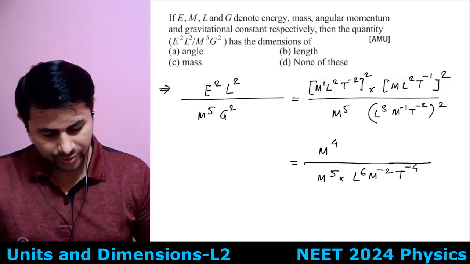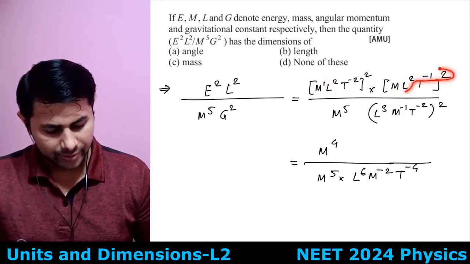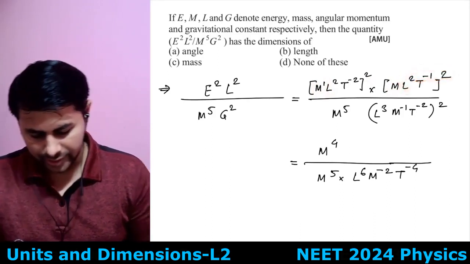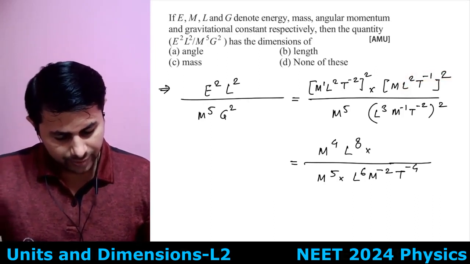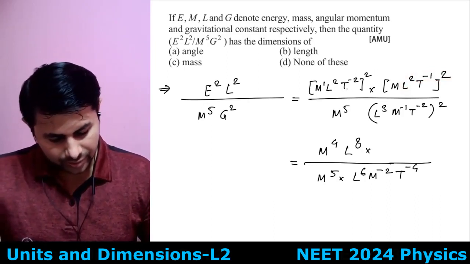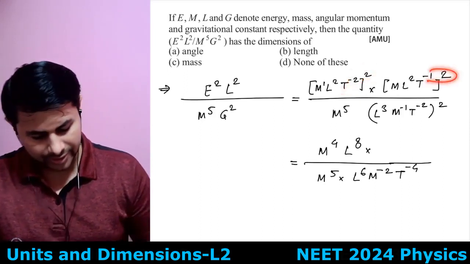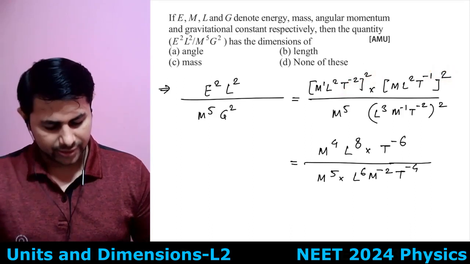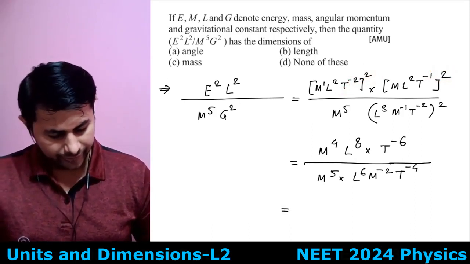Then we have L raised to 2 square, it is L raised to 4, and from here it is L raised to 4. So L raised to 8 we have multiplied by T raised to minus 2 square, minus 4, and T raised to minus 6.